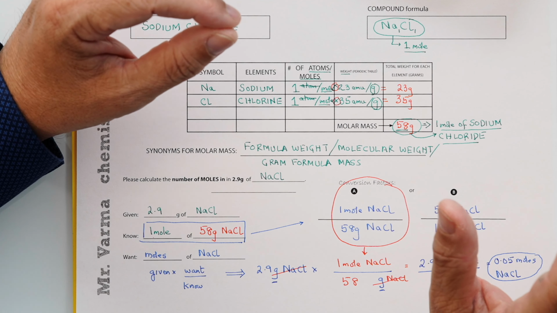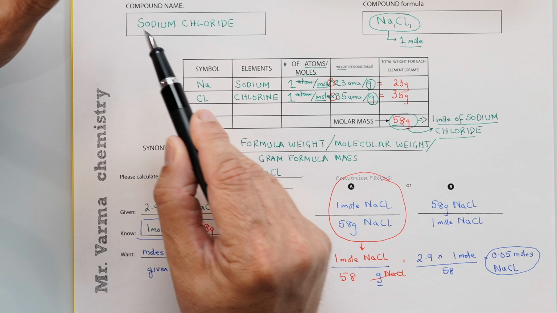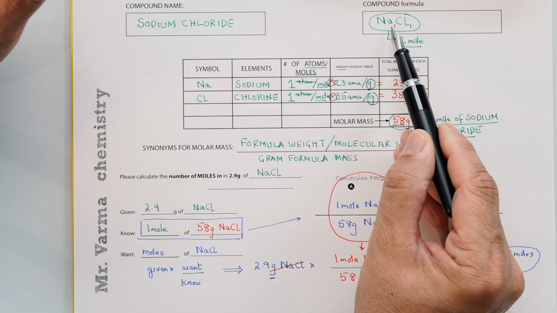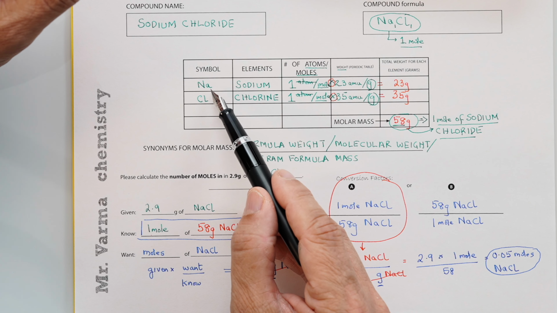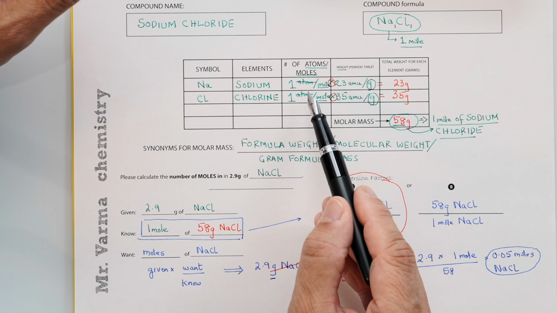So just to recap again, and this is important, so hopefully you're taking detailed notes on this. You start out with a formula. You need to be able to write the correct formula. You need to be able to read the correct formula. How many elements? You write down the elements.